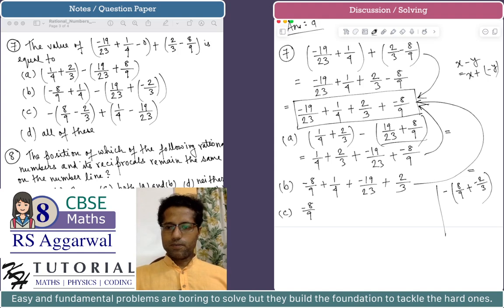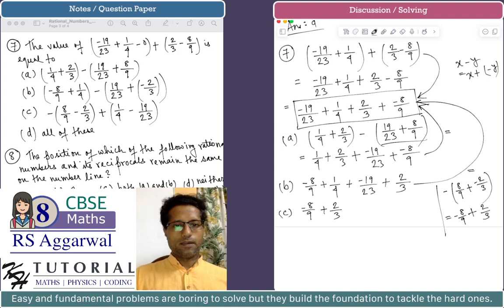So if you open the brackets, this will be minus 8 by 9 plus the additive inverse of minus 2 by 3, which is 2 by 3. So we have plus 2 by 3, and the second bracket in choice C will open as it is, because we have a positive plus sign before the brackets.